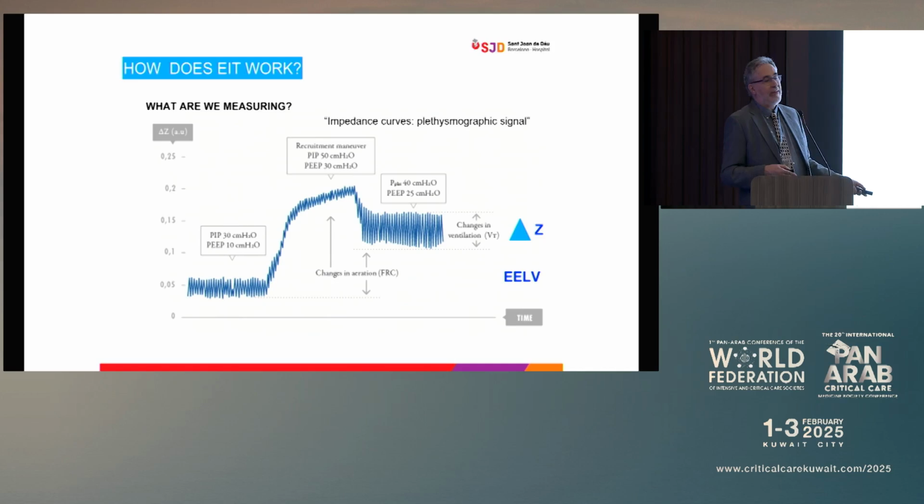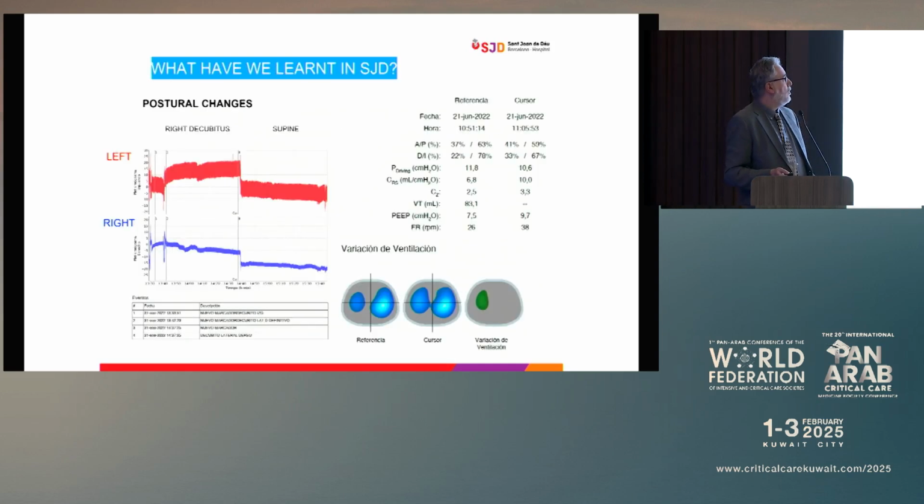So if I have an ARDS patient, I increase the PEEP and this goes up, it means I am recruiting the lung. On the other side, if I have an asthma patient, I decrease the respiratory rate, I am going to this side, I am reducing the air trapping. So according to the underlying disease, you should interpret what happens with the EELV. So that's pretty clear. Let's move on.